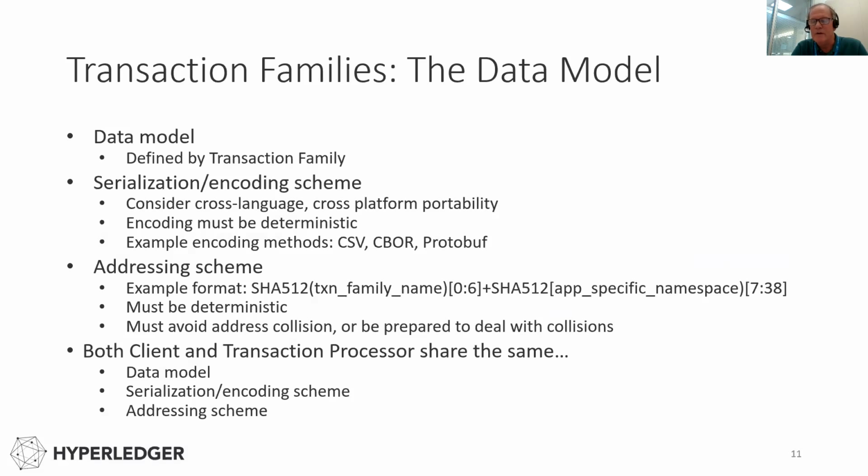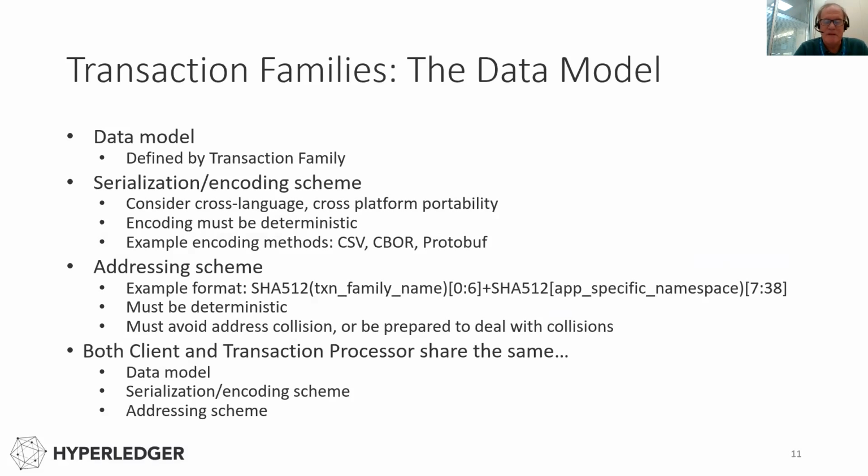And then the remaining 64 hex characters are a truncated SHA-512 hash of some object name. These object names need to be unique, and you define these object names in your transaction families, and they're hashed to form the address after the prefix.